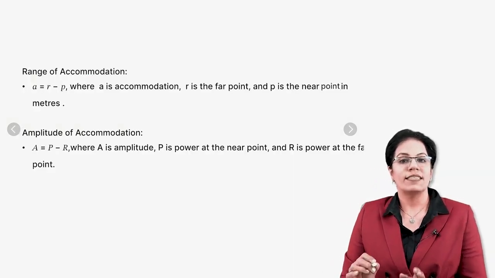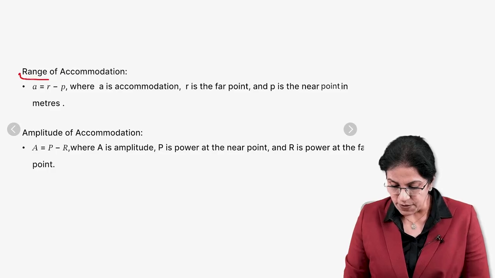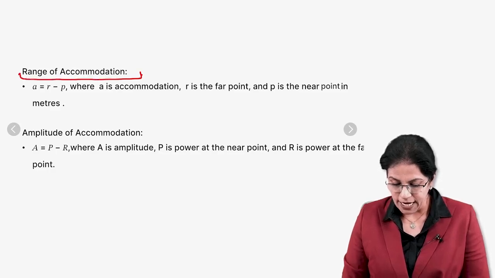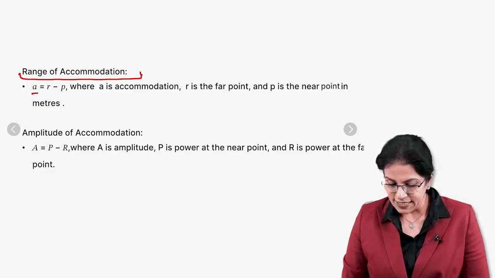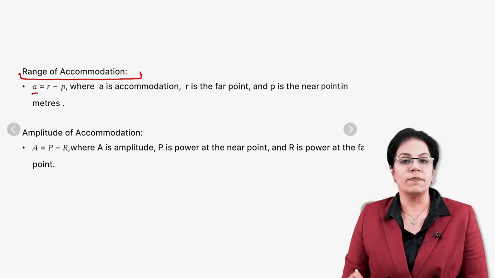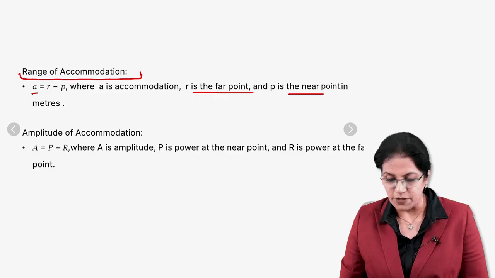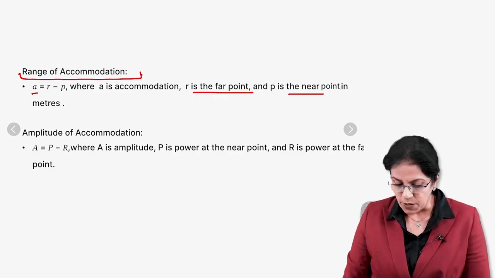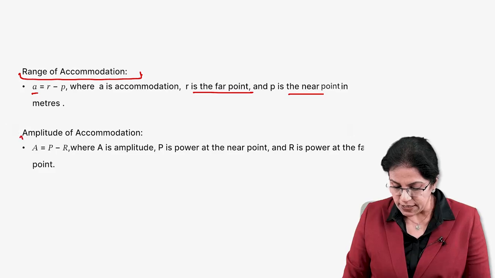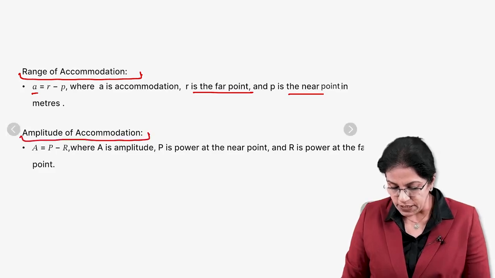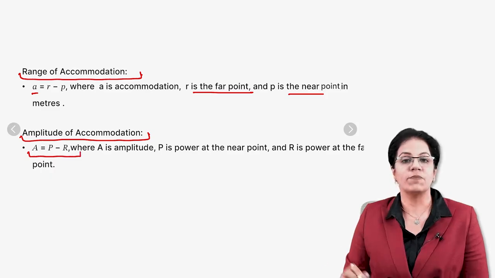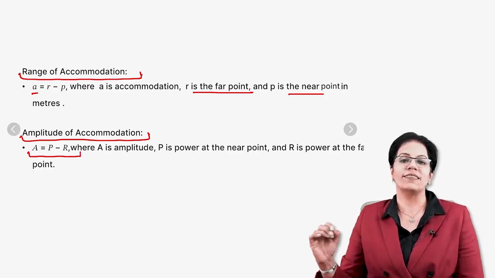So, range of accommodation is what? The range is generally small a, which is R minus P, remotum minus proximum. What is the distance from far point to near point? Remotum and proximum. And when you talk about the amplitude, we use a capital letter as a nomenclature here. So, amplitude of accommodation would be, of course, power at the far point, proximum minus remotum.